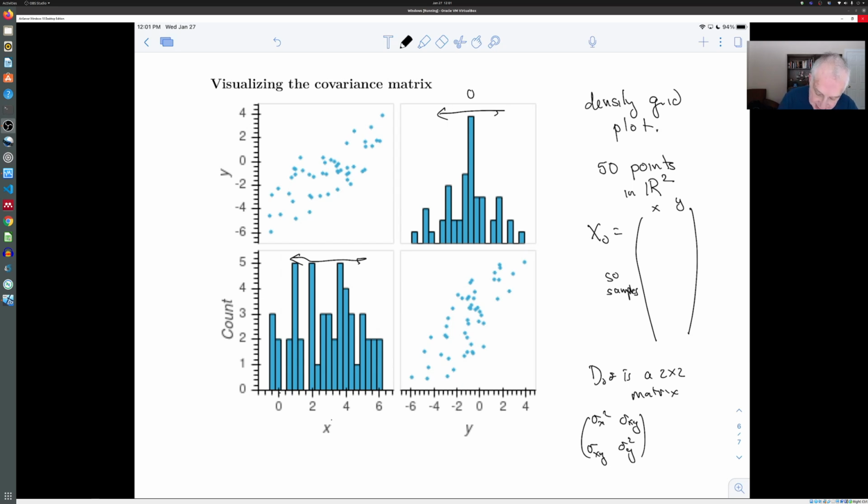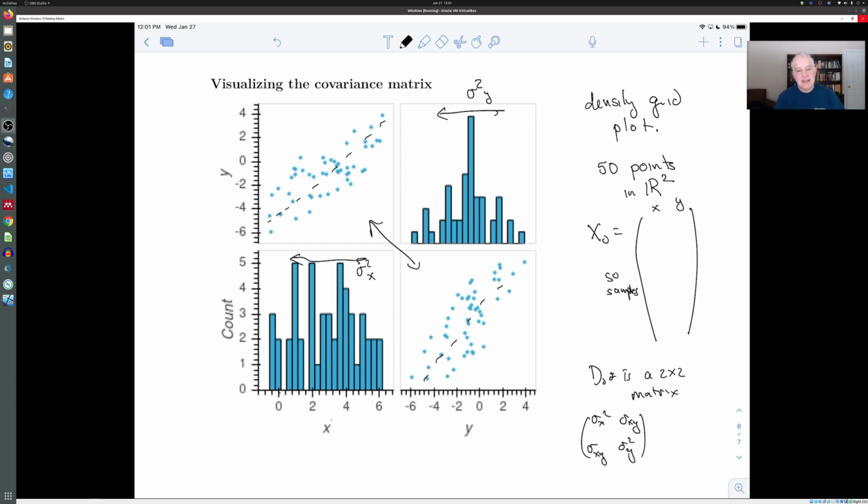So that's the sense in which this is a visualization of the variances. And these two plots are actually the same, except that x and y are reversed, and they show the covariance of x and y in the sense that, as we saw before with regard to the correlation coefficient, they show you that as x increases, y increases. And also as y increases, x increases. So it gives you a sense that the covariance is positive in these cases.